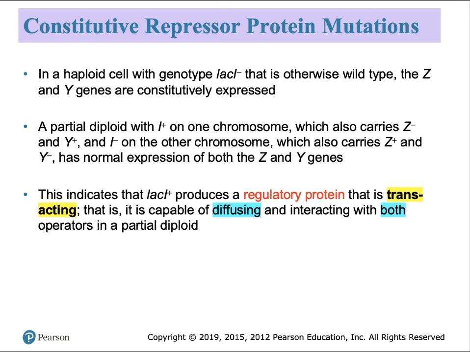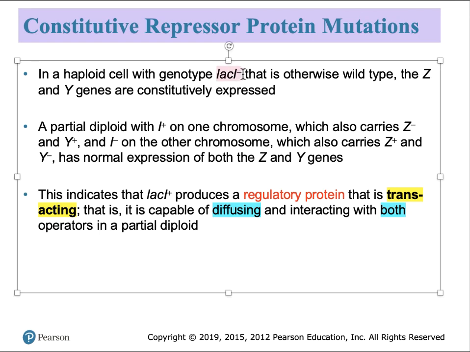Let's turn our attention to the Lac-I gene. If the Lac-I gene on a piece of chromosome in a haploid cell is mutant, it cannot produce any repressor. And if it doesn't produce any repressor, then nothing can bind to the operator, and therefore the structural genes will be expressed at whatever level.